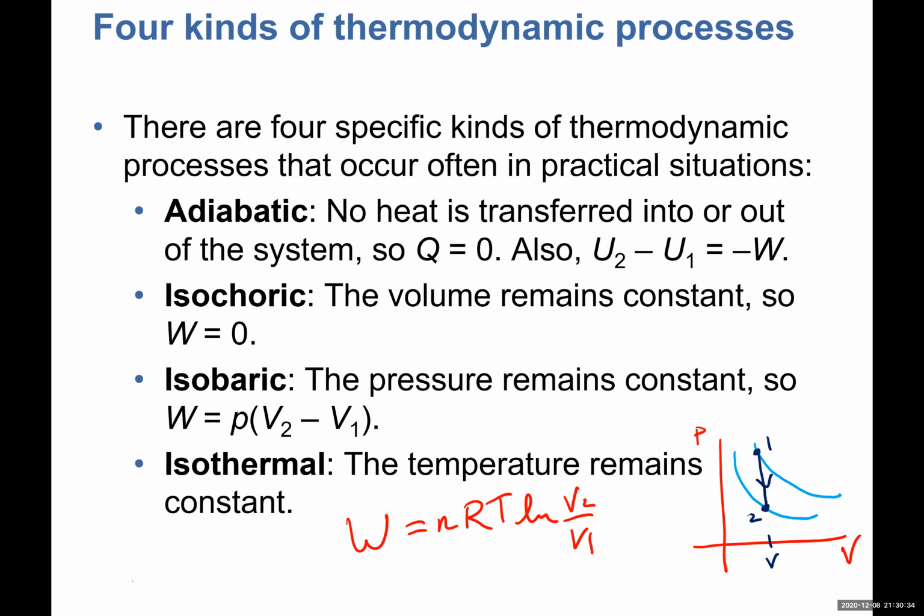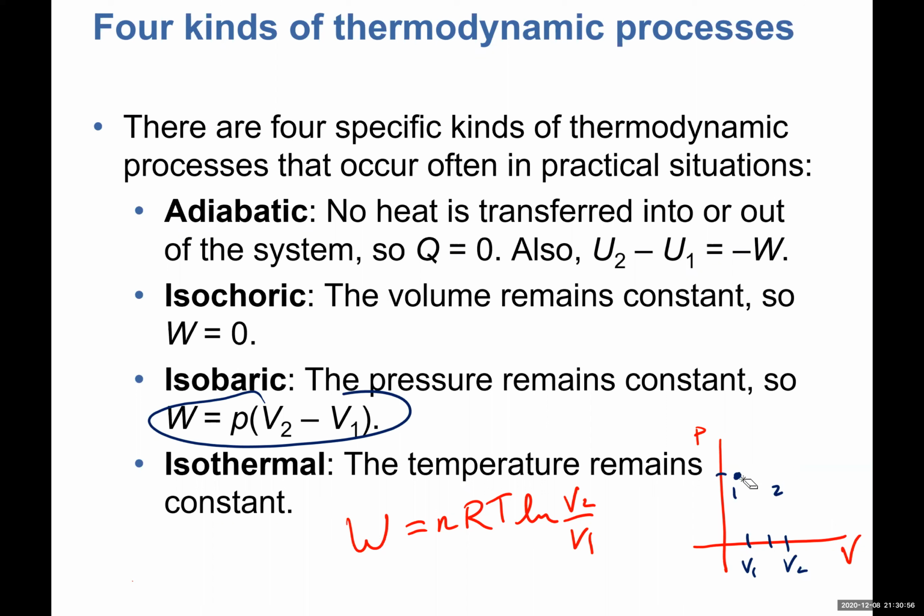Okay. So an isobaric process, for example, is going from 1 to 2 like this. Your pressure remains constant, but your volume changes from V1 to V2. And the work done can be calculated like that. All right.